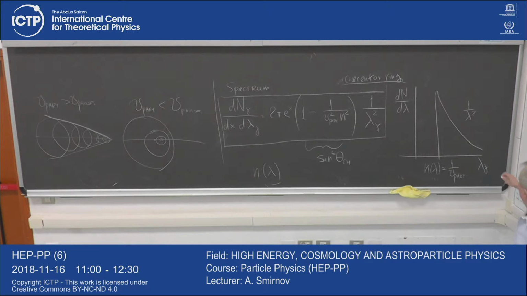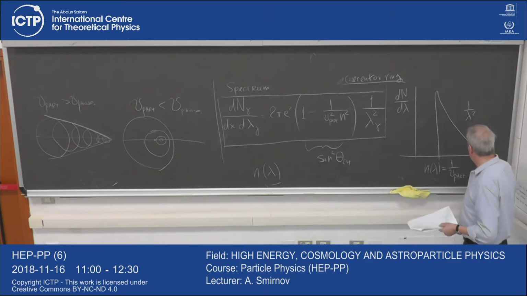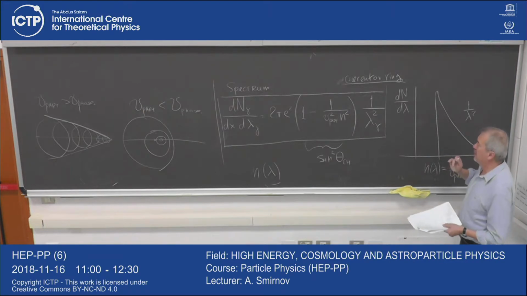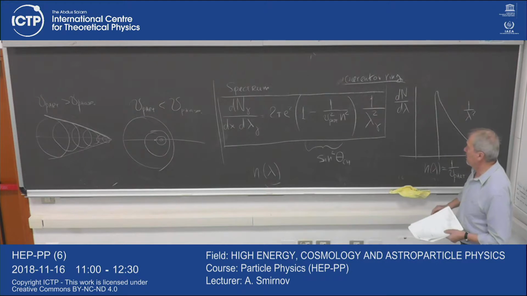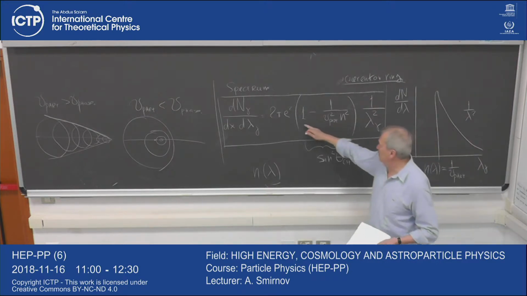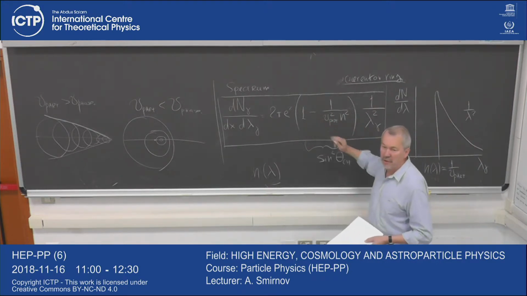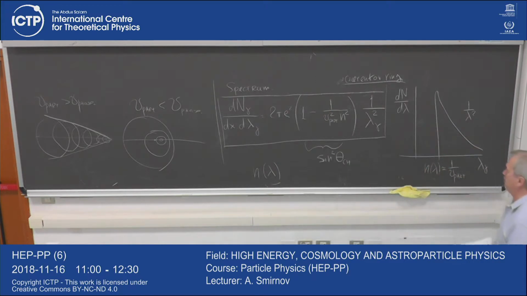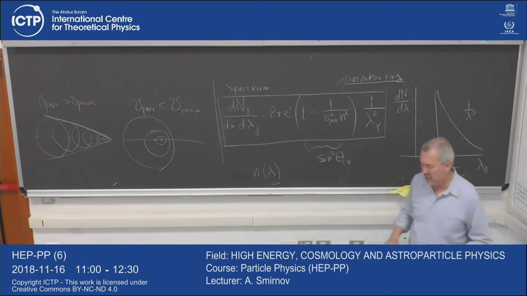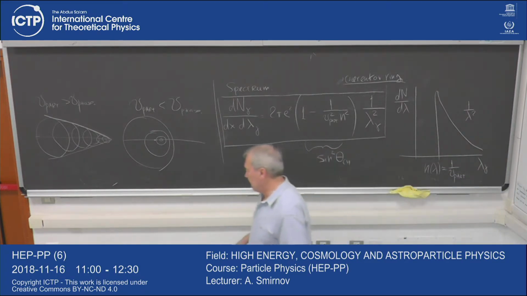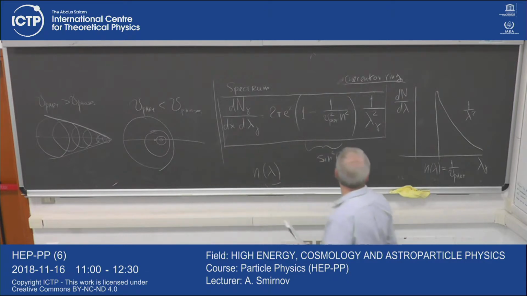So when you go to smaller and smaller lambda, or higher frequency, n approaches 1, and therefore at some point this quantity becomes 0, or close to 0. Which means that here we do not satisfy the condition that the velocity of the particle is bigger than the velocity of light.